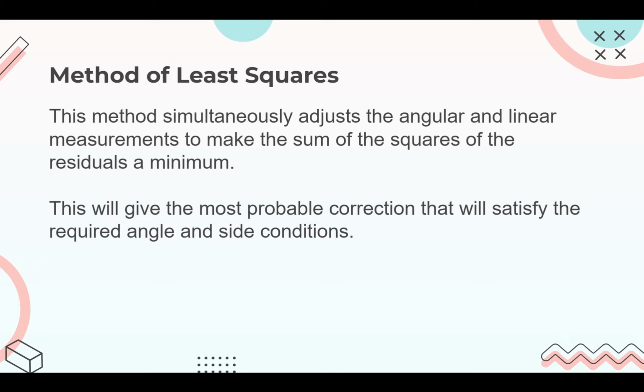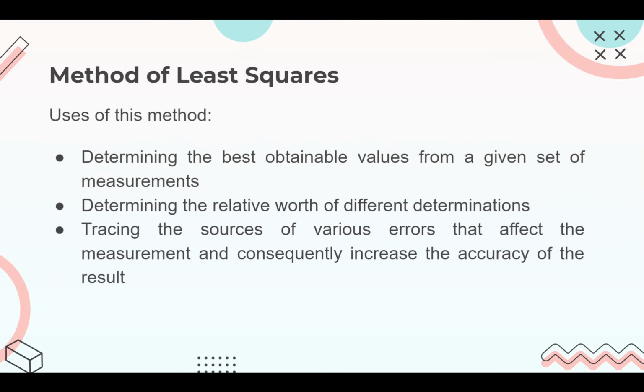So residuals are the differences between the most probable value and the observed values. This method will give the most probable correction that will satisfy the required angle and side conditions. Furthermore, this method is useful in determining the best obtainable values from a given set of measurements and for determining the relative worth of different determinations.